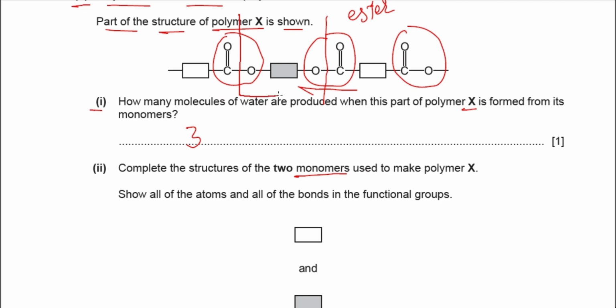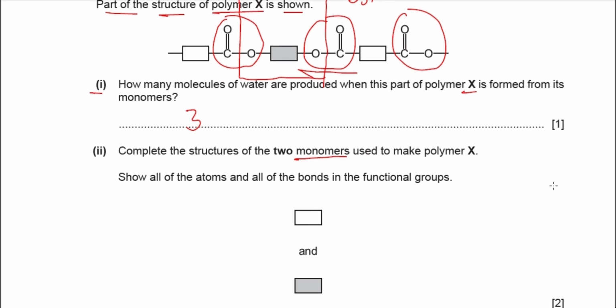Now you can easily see this central part contains a colored box. Secondly, when you break the ester bond from this part as well, this will give you this colorless box. So you can see you have 2 boxes.